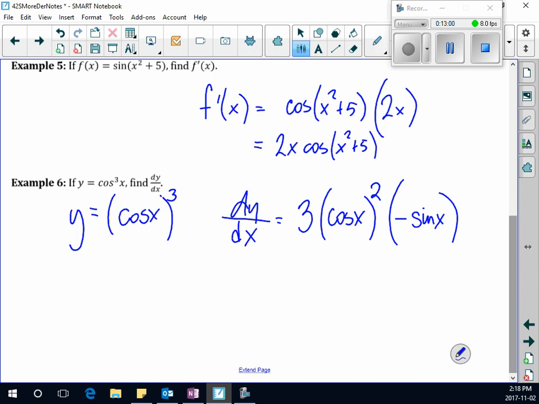Honestly, this should be simplified pretty easily as minus 3 sine x cos squared x. Why don't you just take that extra little step and clean it up? If you don't practice that enough, then when it comes to the multiple choice, you won't recognize a lot of those things.